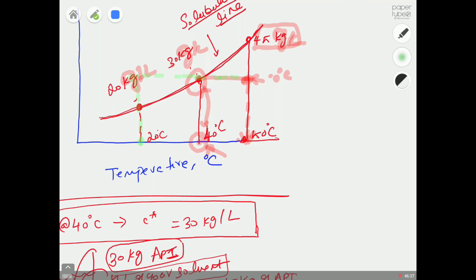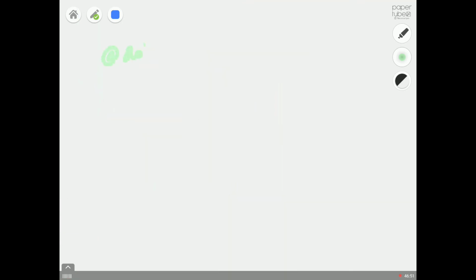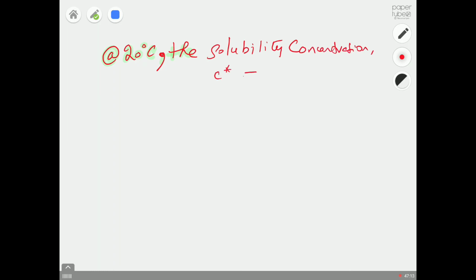So the solution remains a solution. You come to this point. We all know at 20 degrees centigrade the solubility concentration, C star, is 20 grams per liter.